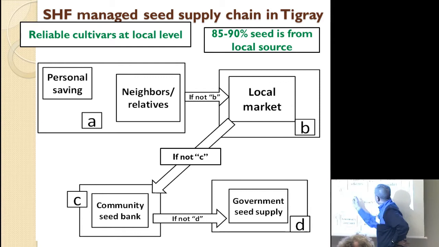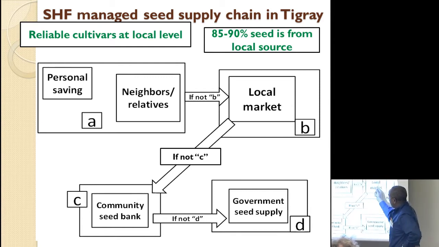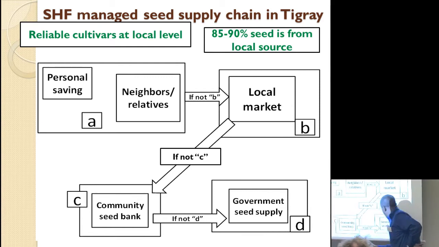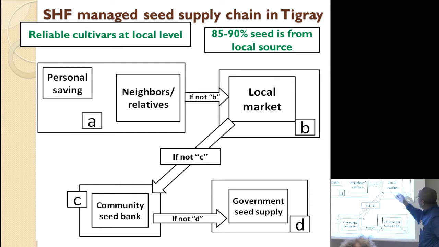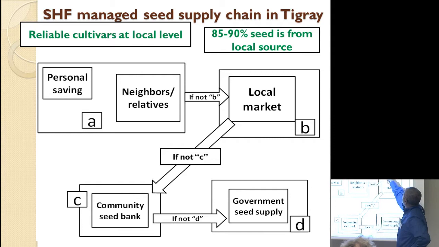The other one is the seed system, the chain. At local level, at market level, community seed banks, and then finally, if this is not available nearby, they go to the government seed supply system. That accounts for less than 15%.